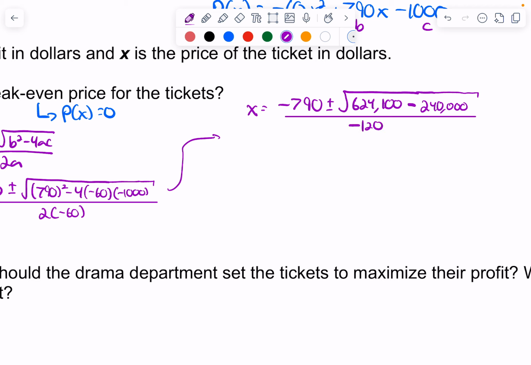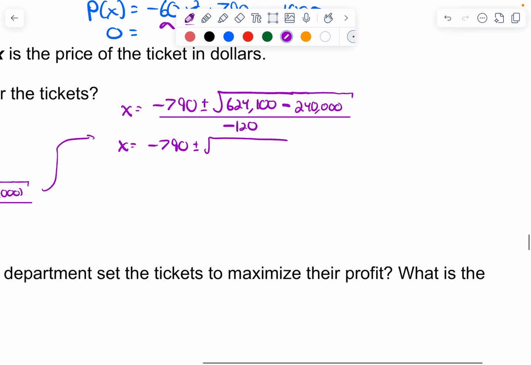Okay, x equals minus 790 plus or minus the square root. Clean up that square root. So 624,100 minus 240,000 is 384,100, all over minus 120.